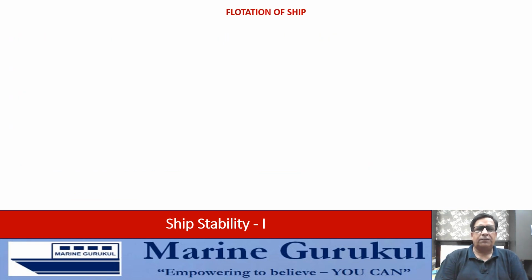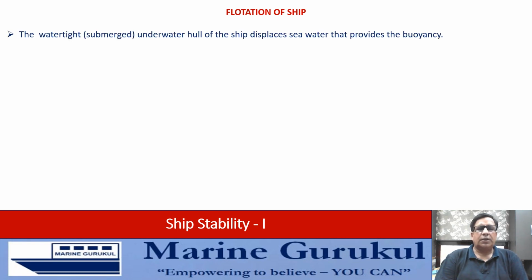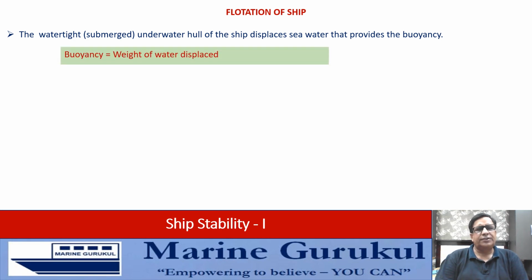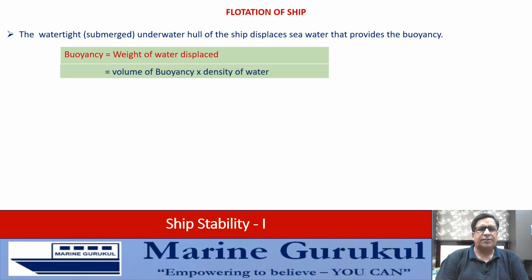From generic law of flotation, now we specifically talk about flotation of the ships. The watertight or the submerged underwater hull of the ship displaces seawater that provides buoyancy. This buoyancy is then equal to the weight of the water displaced, and this weight of the water displaced is equal to the volume of water displaced multiplied by the density of the water.